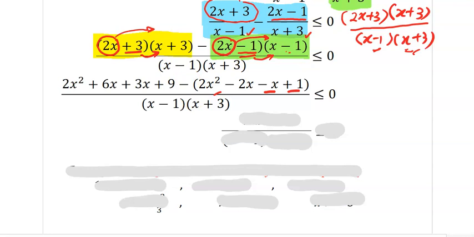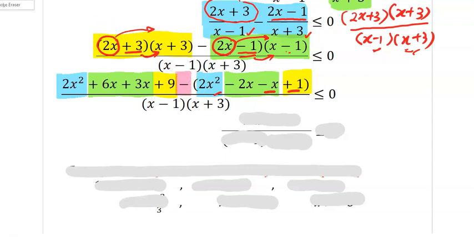Then next, we simplify the terms on top, where we consider the square minus the square, the x term minus the x term, and the constant minus the constant. We begin with the x² terms.